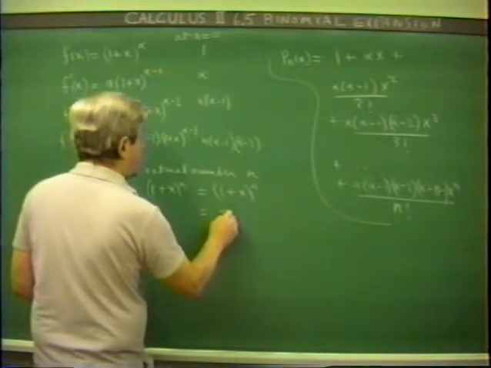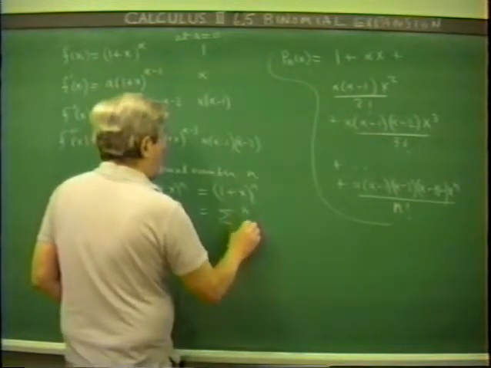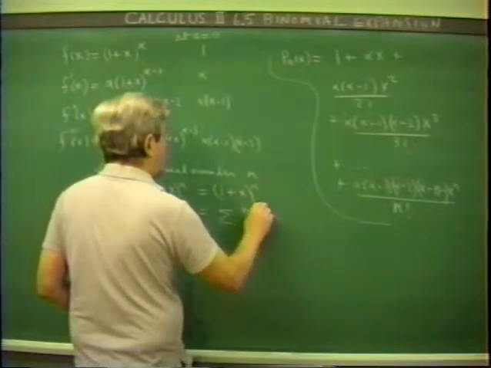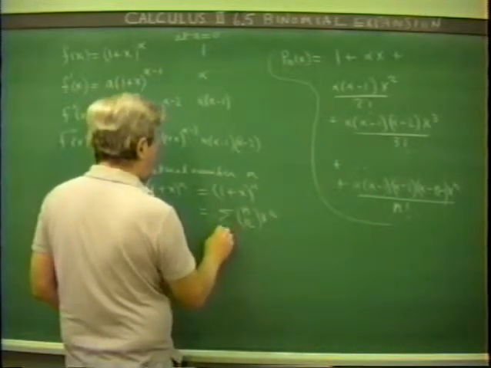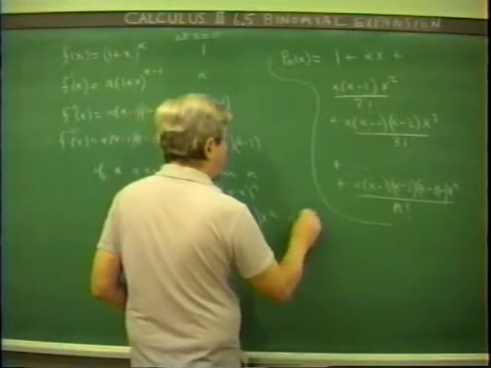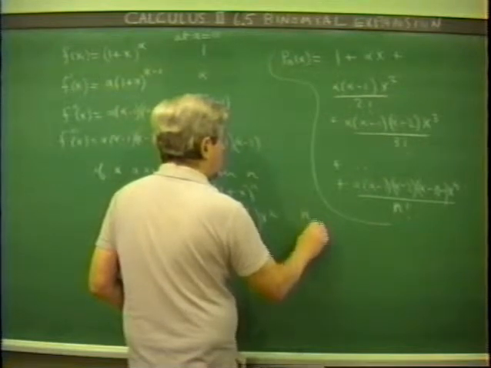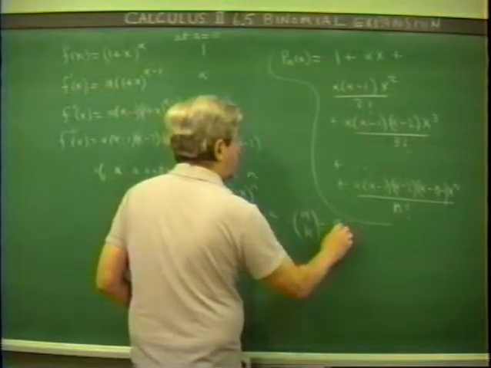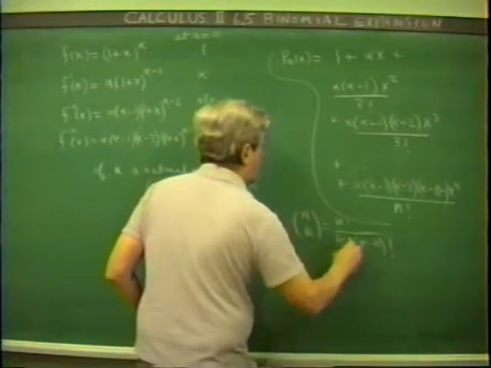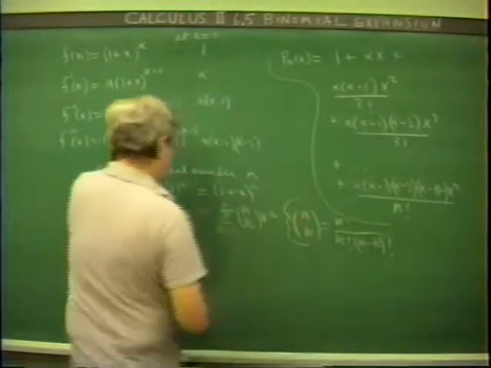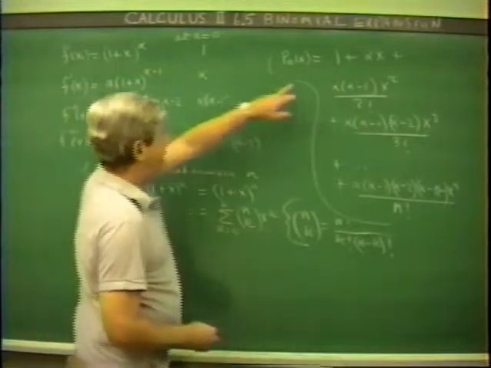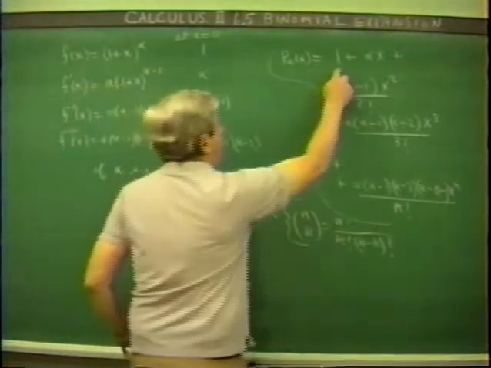The polynomial that you get here will be the expansion of this, which is sometimes written as the summation, k equals 0 to n, of n things taken k at a time, x to the k, where n things taken k at a time is n factorial over k factorial times n minus k factorial.